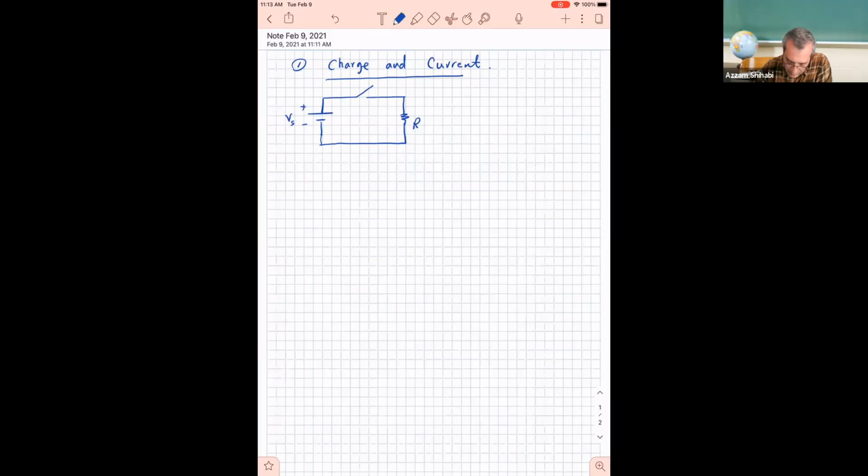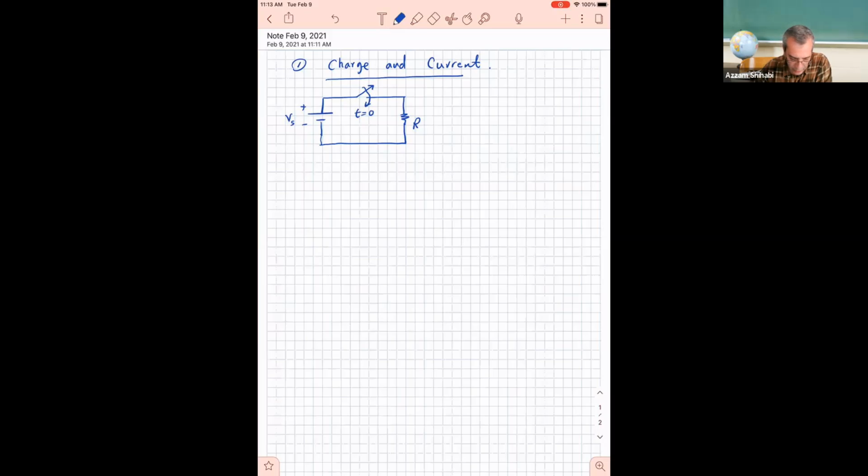So what happens is that when we close the switch at a specific time, charge electrons will flow from the source through the resistor and will complete the path back to the source.